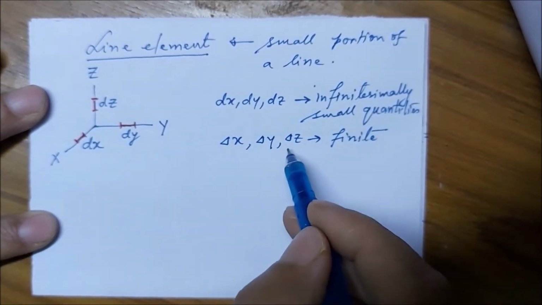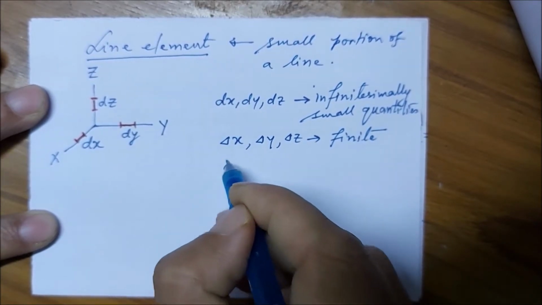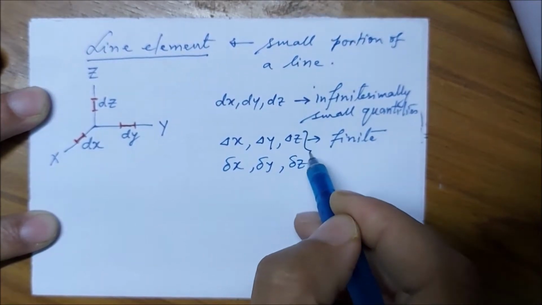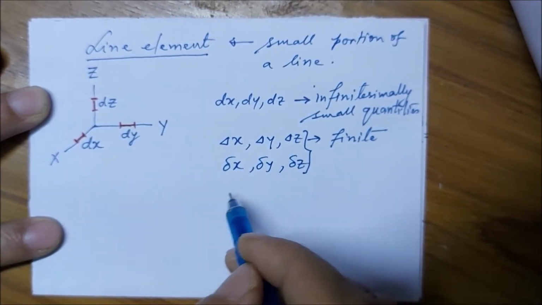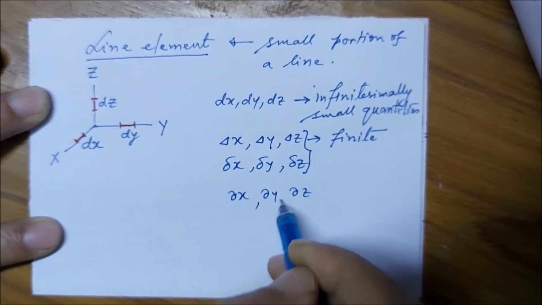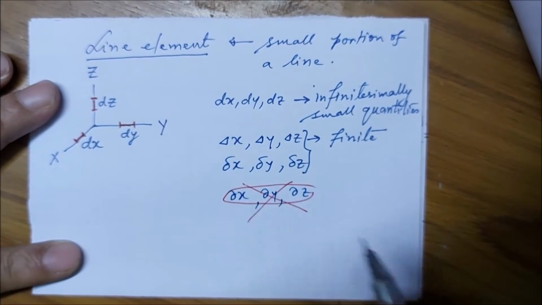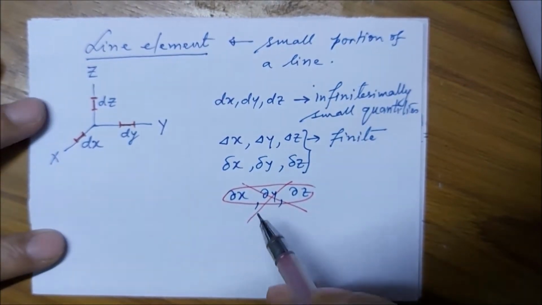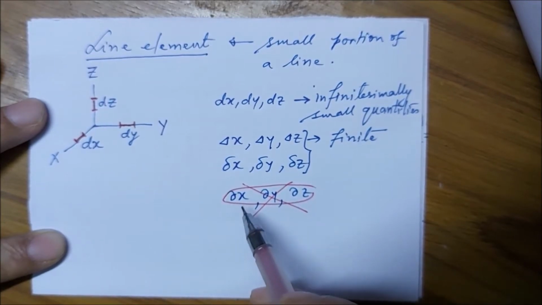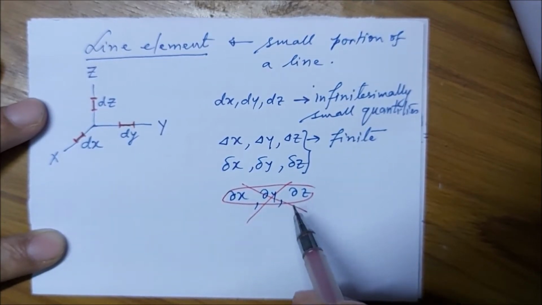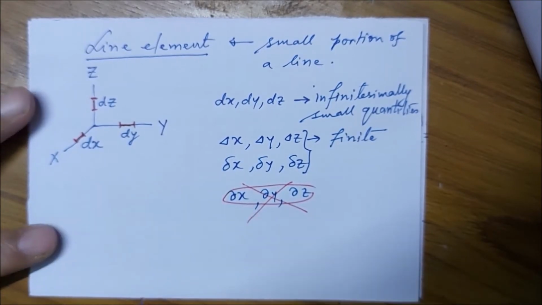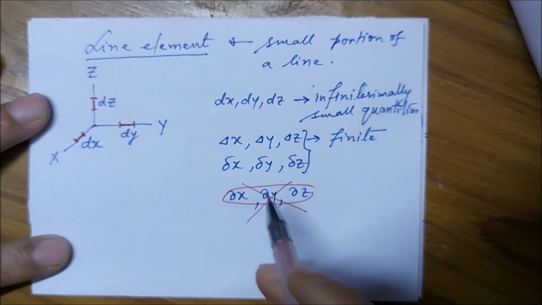We often denote these quantities by the symbols delta x, delta y, delta z, but never denote them by del x or del y or del z. They have no meaning at all. Del by del x, del by del y, del by del z has a meaning, but del x, del y, del z used separately doesn't make any sense.